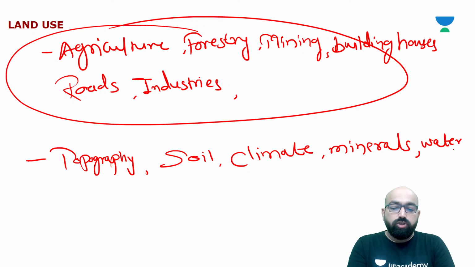So land can also be classified on the basis of ownership as private land and community land.